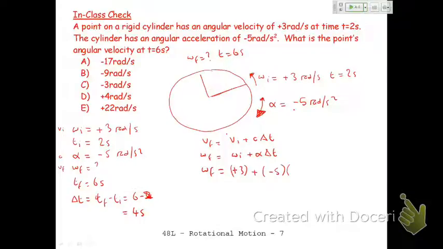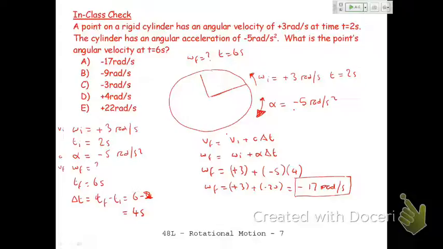My t is not 6 because it's my duration, it's my time interval, which is 4. So omega F is equal to +3 added to -20, which equals -17 radians per second. So there's my answer.